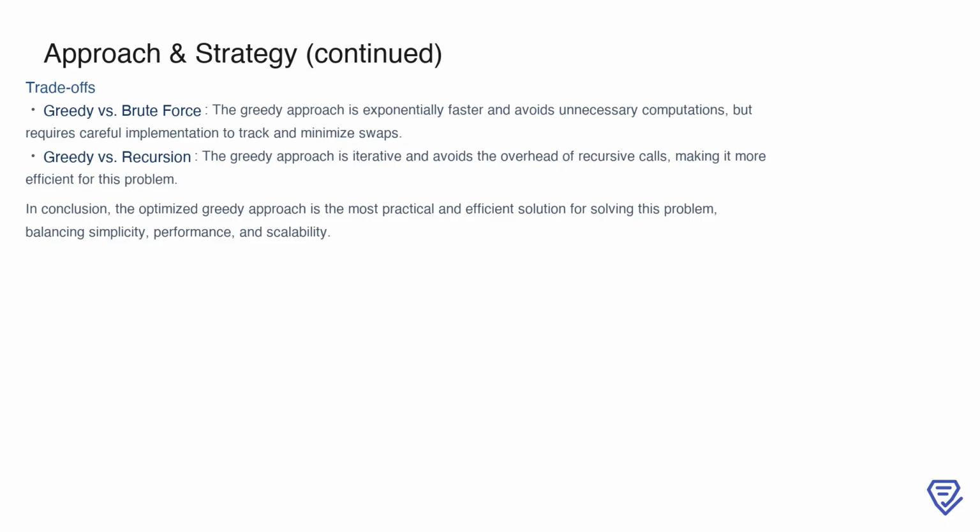Compared to the recursive approach, the greedy method avoids the overhead associated with recursive calls, making it more streamlined and scalable. However, the greedy approach does require careful implementation to ensure that the swaps are minimized and the logic is correctly applied. In conclusion, the optimized greedy approach provides the best combination of simplicity, performance, and scalability, making it the most practical solution for solving this problem effectively.